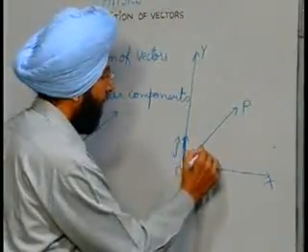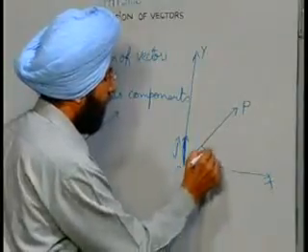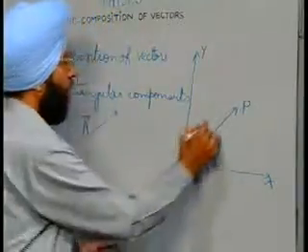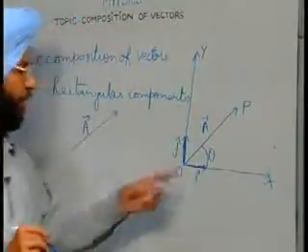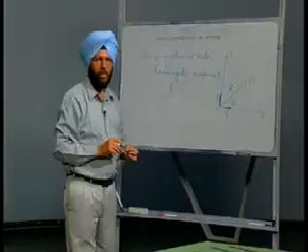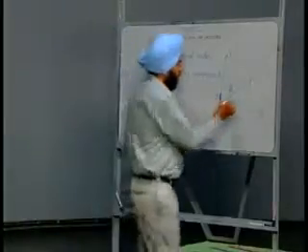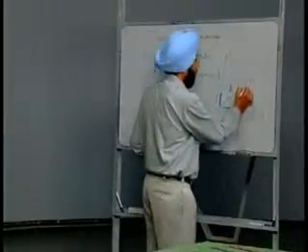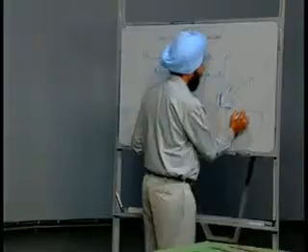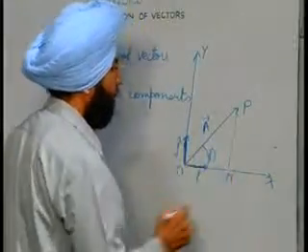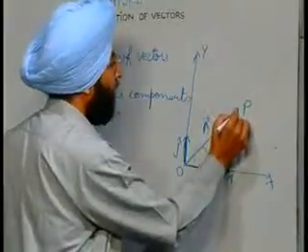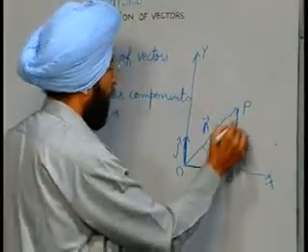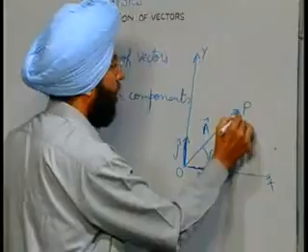Let us say the angle that OP or A makes with x axis is theta. If we drop a perpendicular from P on x axis, we have this triangle OMP.